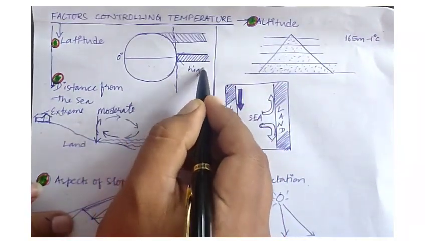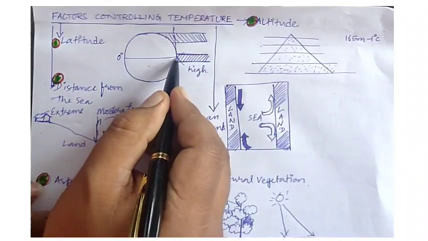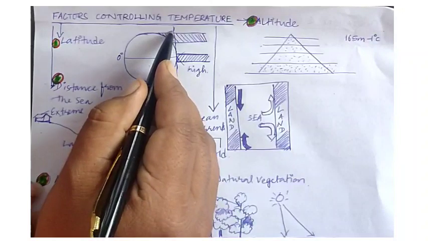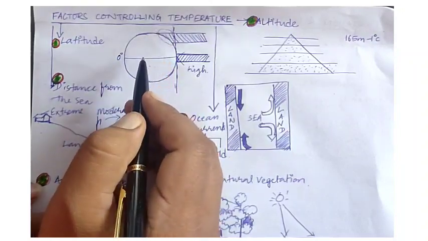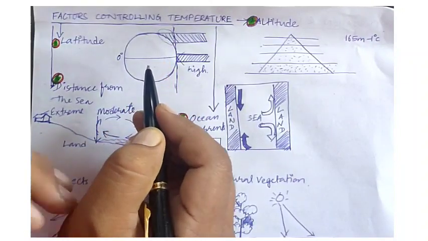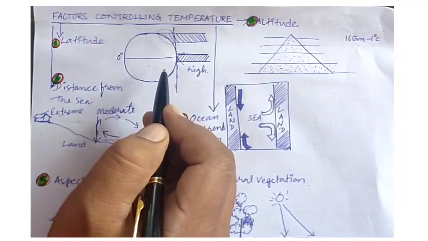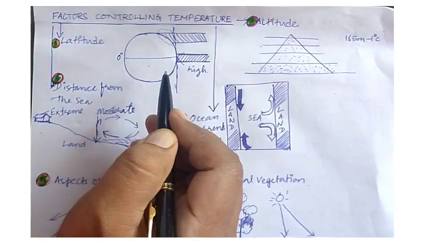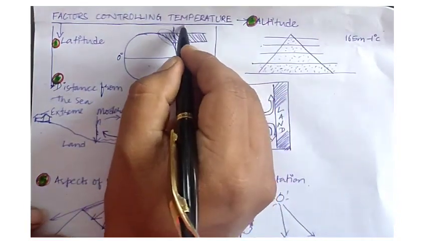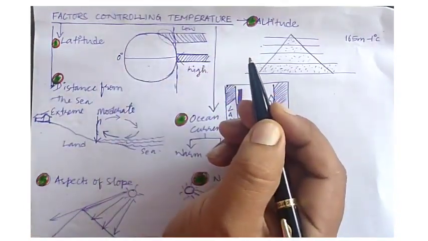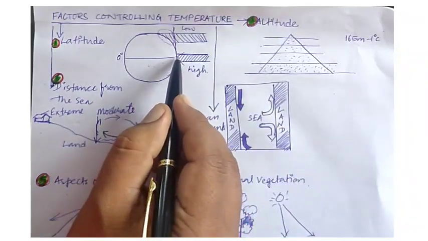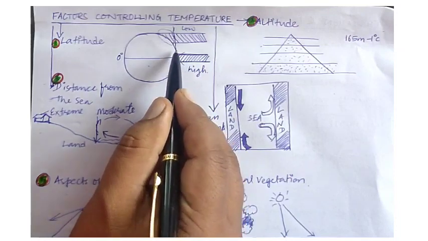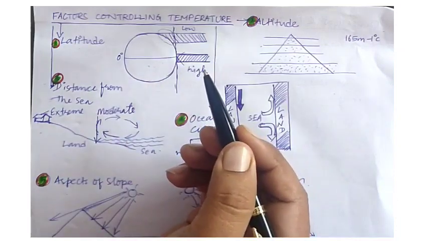Whereas when we move from the equator towards the polar areas, both north and south pole, the rays will start becoming more inclined. It is because of the shape of the earth as well as the earth's inclination. As a result, the sun rays are inclined here, so the temperature is low. Because if it is a direct ray, it is concentrated only in a small portion, so more heat is received.